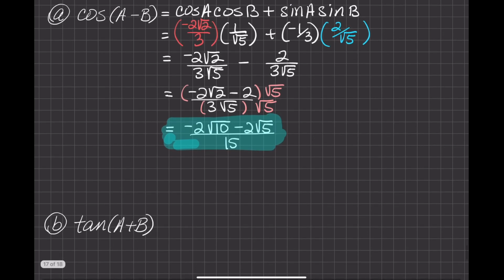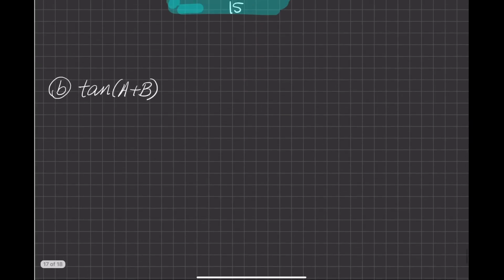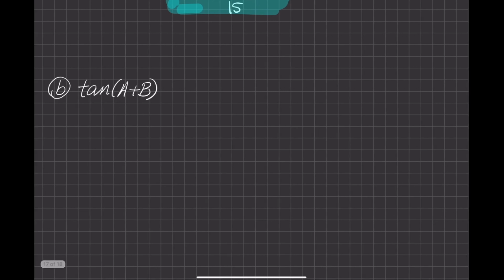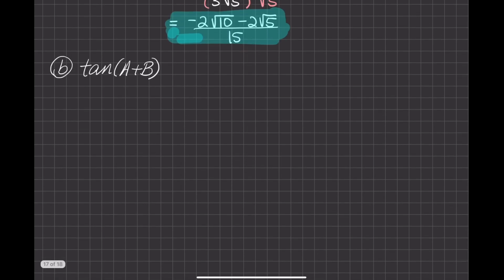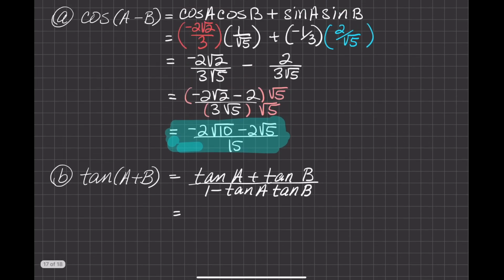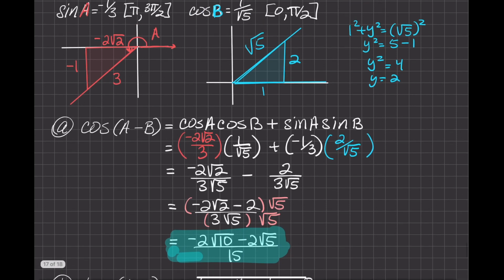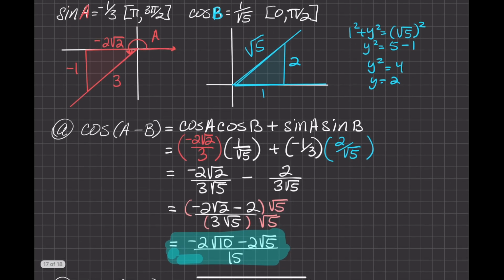Now, moving on to example number 2, we're going to find the tangent of A plus B. Sure hope we have enough room to write. And the tangent of A plus B is going to be equal to the tangent of A plus the tangent of B over 1 minus the tangent of A times the tangent of B. And this identity is asking for the tangent of A and the tangent of B, but we didn't try to find some way of just going directly to sine and cosine.